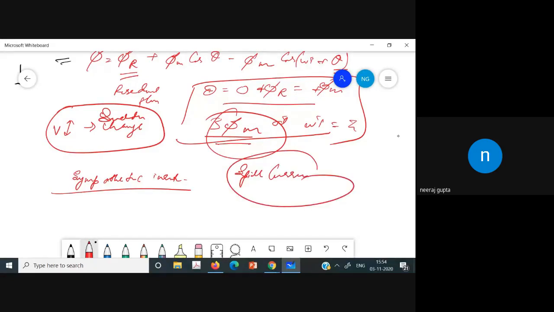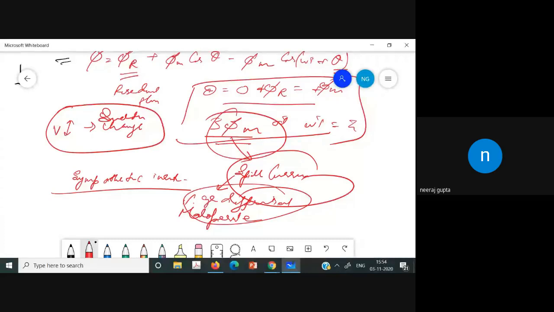So the percentage differential relay is likely to maloperate, because of the flux it will see the spill current, and because of the spill current, it will operate.